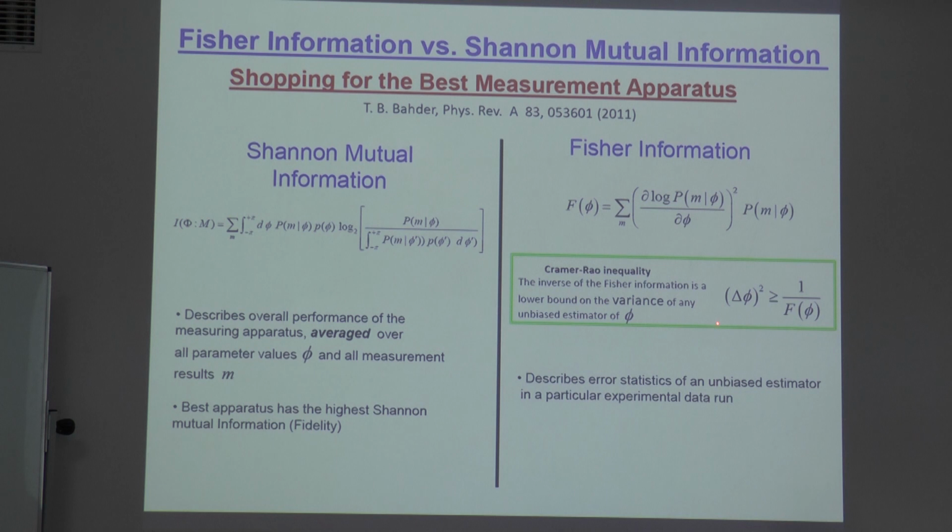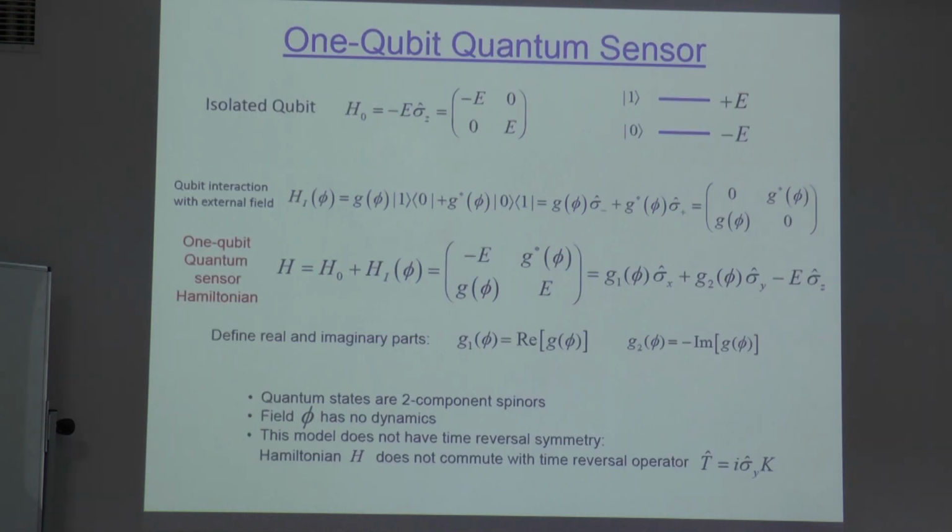Fisher information gives you a bound: the variance of phi is greater than or equal to 1 over the Fisher information. So it describes the error statistics of an unbiased estimator in a particular experimental data run. Both of these are important, and I've done a lot of calculations on those for Mach-Zehnder interferometers.